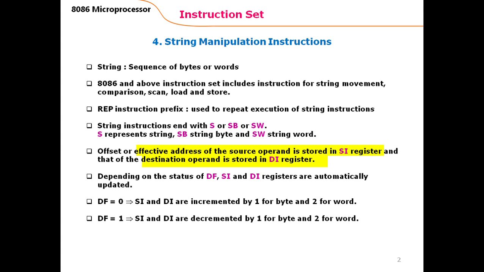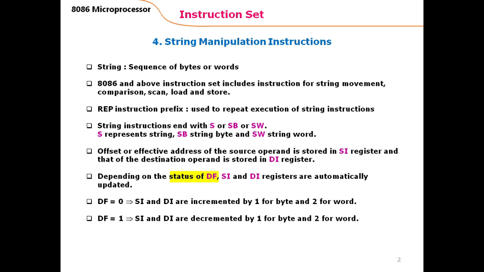If there is only a destination, then DI would be used. When SI is used, normally the source of the data is the data segment, while the destination of the data is normally the extra segment.